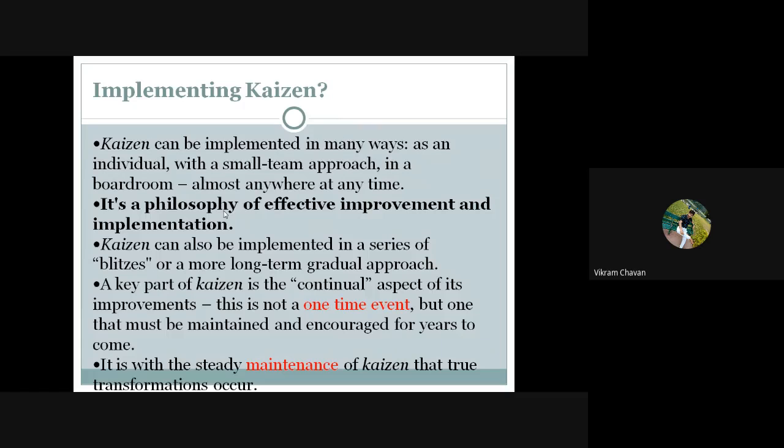Next one: a key part of Kaizen is the continual aspect of its improvements.